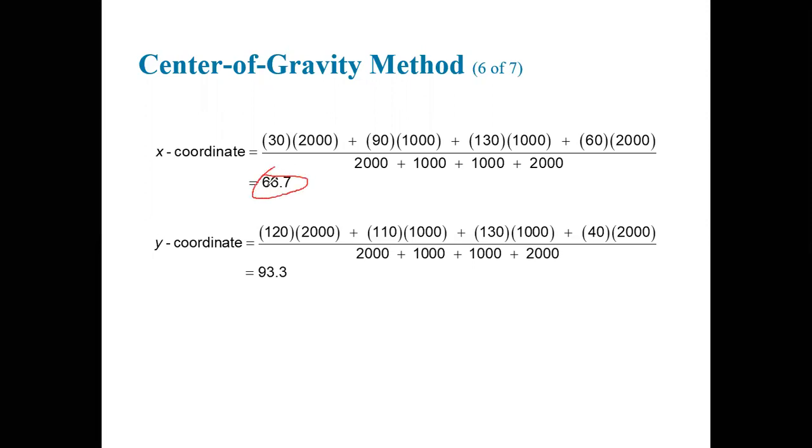Okay, then we do the exact same thing for the distances going northwards. There's a distance of 120 miles to Chicago from that arbitrary origin. I'll multiply that by the total number of tons going to that specific location and do the same for all 4 locations. And again, we divide everything by the total tonnage expected weekly.